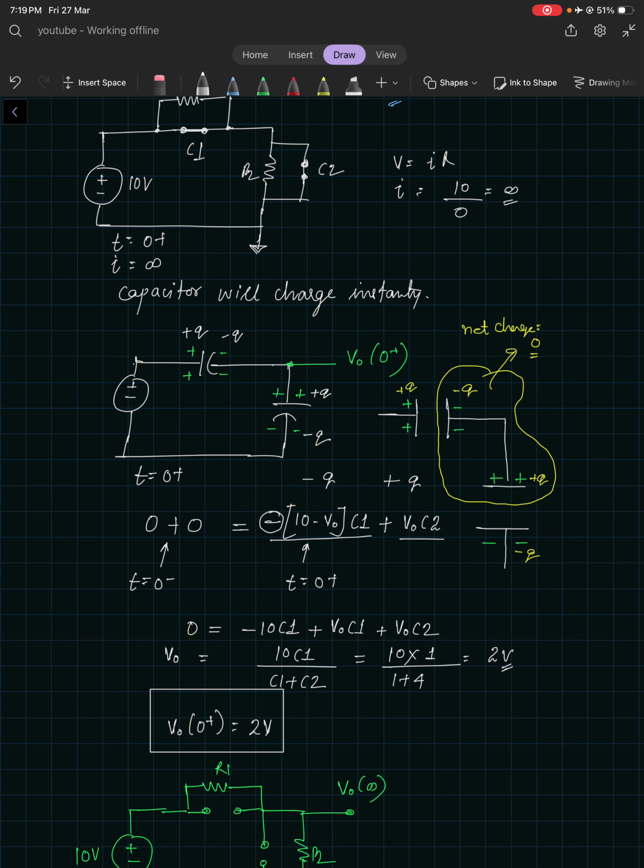Till now we have said that VC at 0 minus is equal to VC at 0 plus. This happens because there is no infinite or very large current through the circuit. Generally a resistor is there in the charging path, so it will take some time to charge.